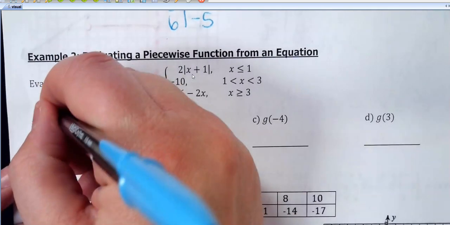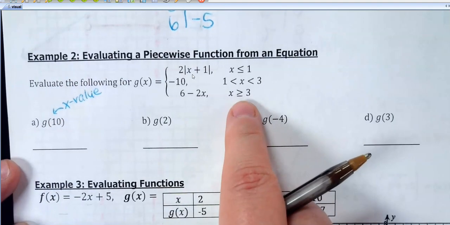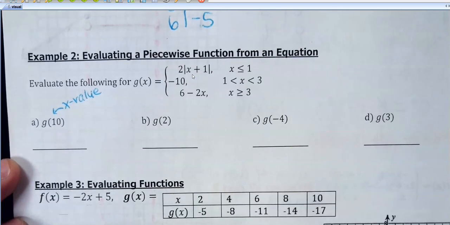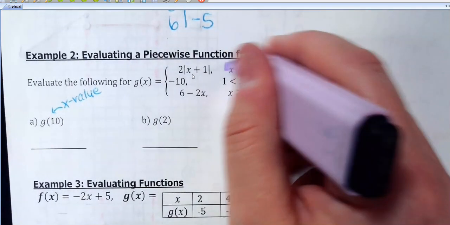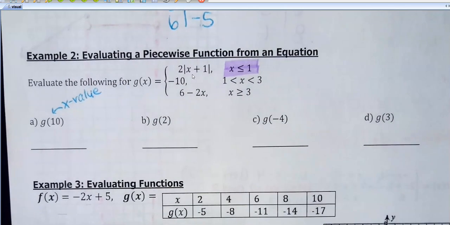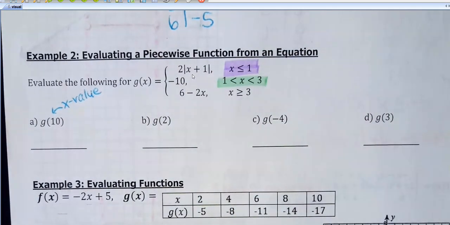Exactly. Okay. So remember, this is your x value. So for this one, we're going to pick the bottom equation. You basically have to figure out which category it falls into. Is the number 1 or smaller than 1? That would be the first piece. Is the number bigger than 1 and less than 3? Or is the number 3 or bigger?